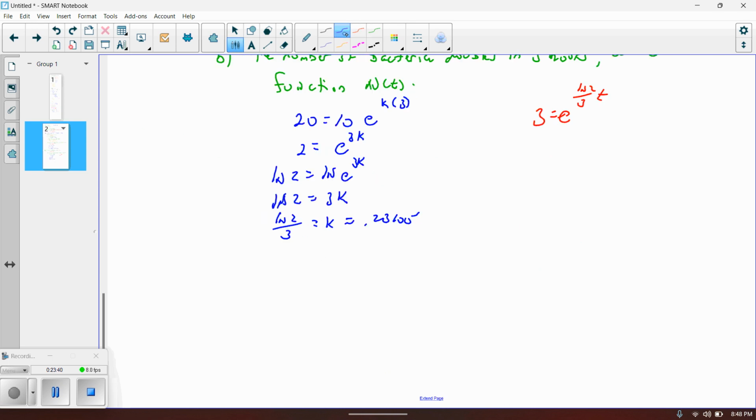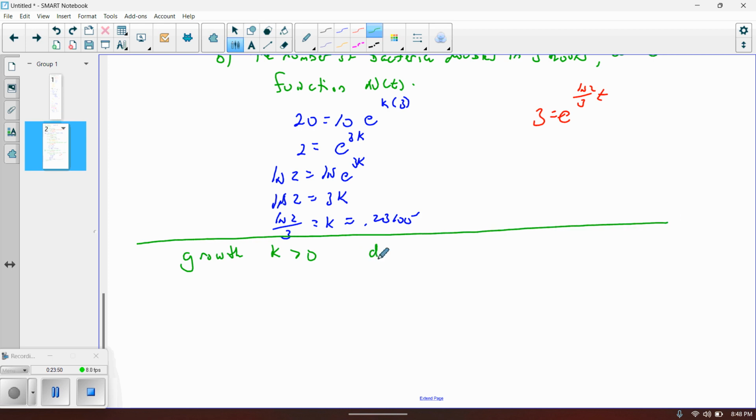So growth, let's go with green here, growth, k is greater than 0. Decay, k will be less than 0. If k is 0, then ultimately you just have a linear function. It doesn't work. So growth, k will be greater than 0. Decay, k will be less than 0.